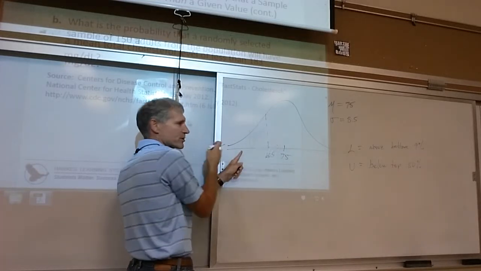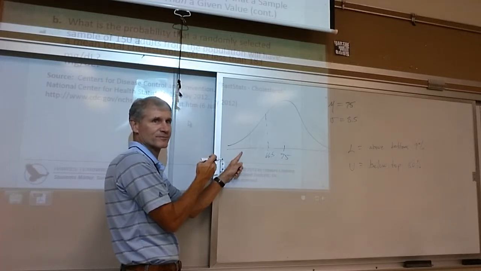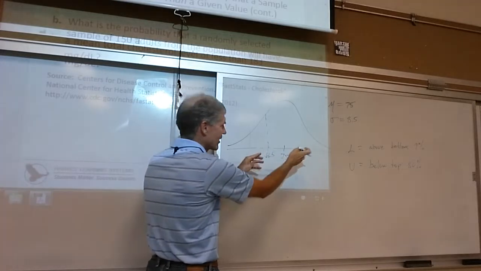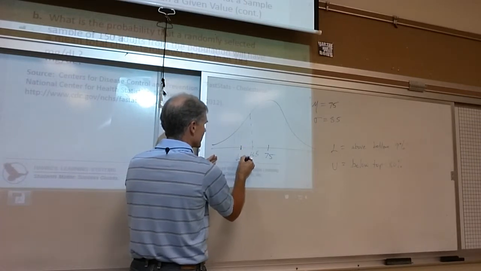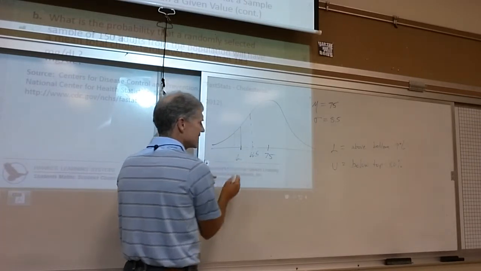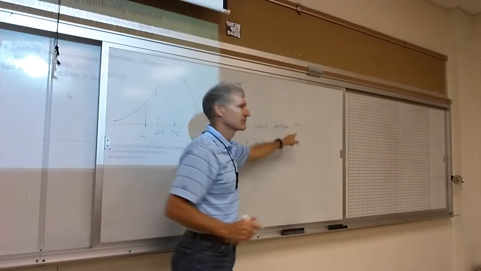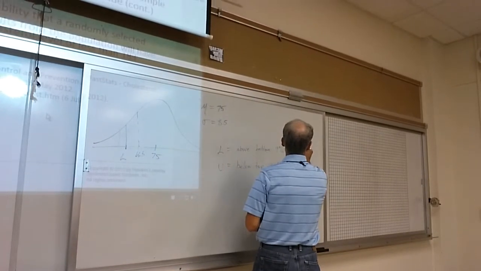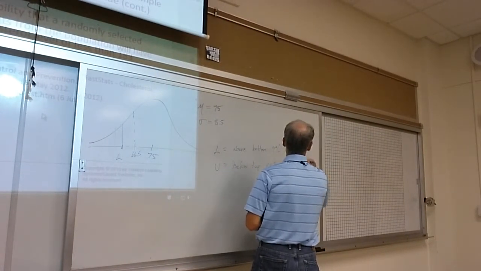This number has what percent below it? 16% by the empirical rule. So I know that my L is going to be somewhere between 1 and 2 standard deviations below the mean. So what I need is the 9th percentile. I'll just write it as P09.